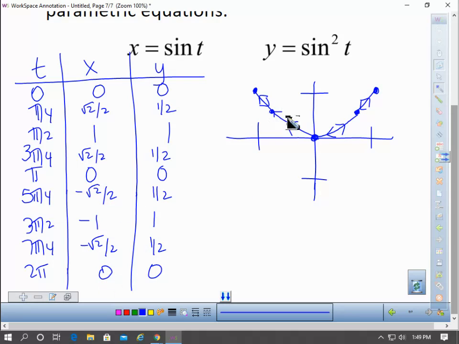And then I come back to the origin again. And that's only going from 0 to 2 pi. So I started at the origin, I swung up this way, then I came back down to the origin, and then I swung up to the left this way, and then I came back down to the origin again. All right. So what we're doing is moving along this curve, just swinging back and forth is what happens.